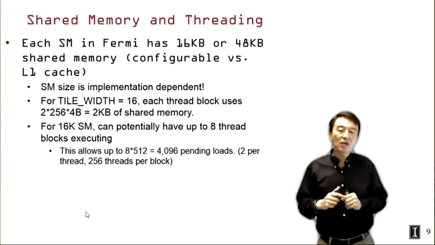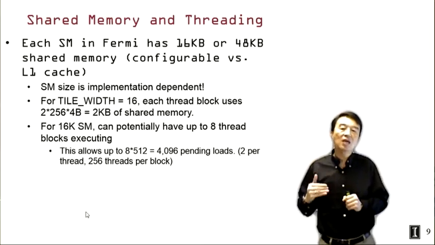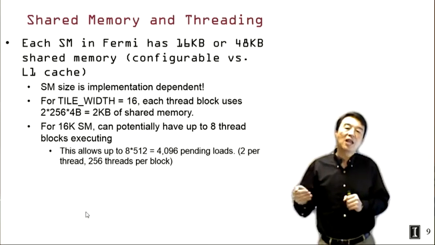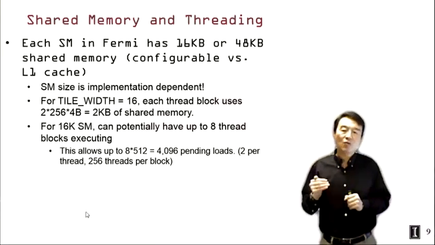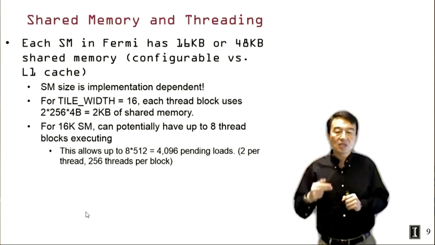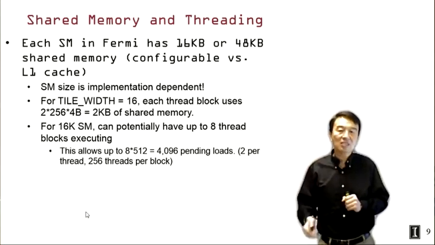And if we use the 16K shared memory configuration, this allows us to have up to 8 thread blocks executing at the same time in the SM, the streaming multiprocessor.